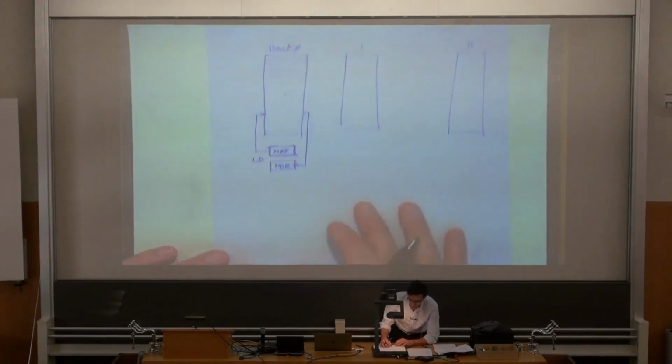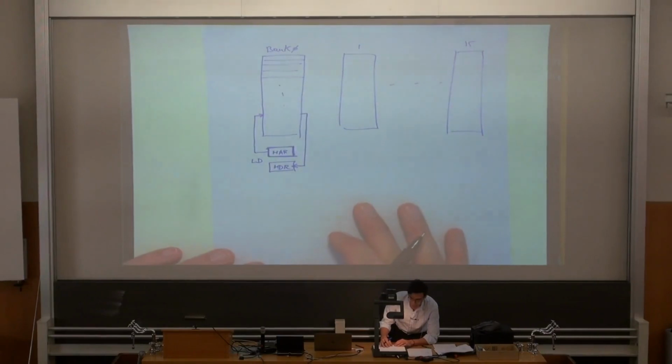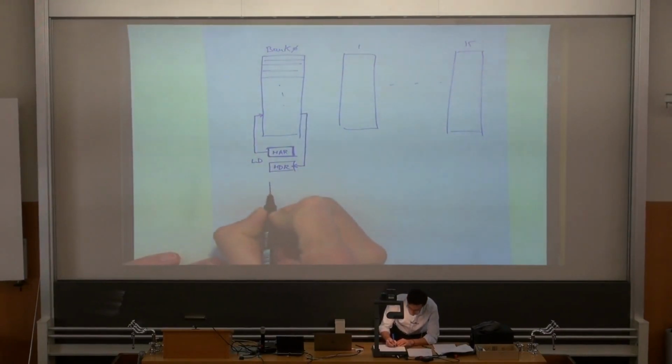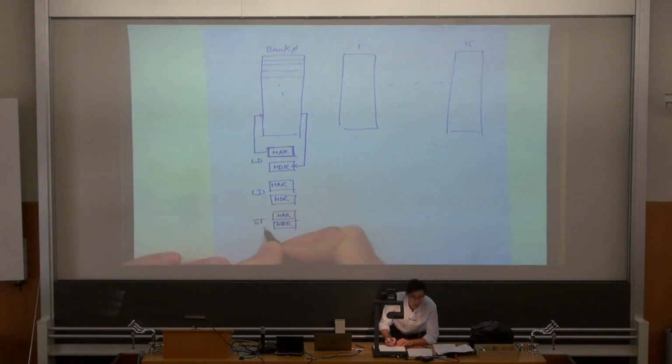That's why we can do it better if we add a second port with its own memory address register and memory data register. And also, we can even have a third memory port with its own MAR and MDR for stores.